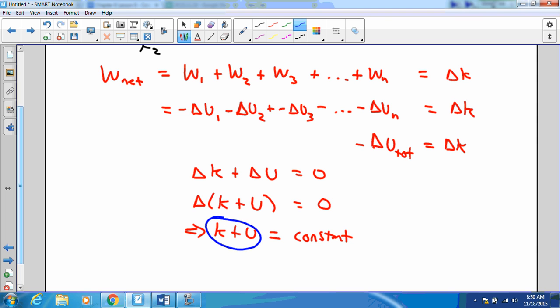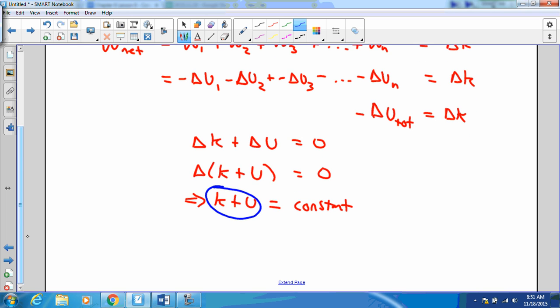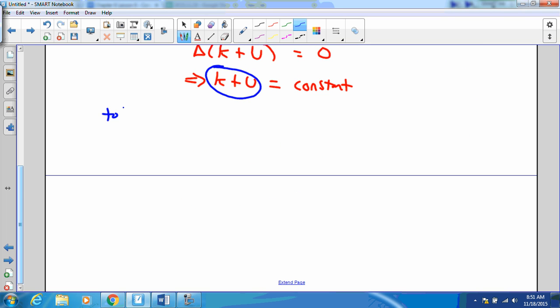Now, what does this mean? This means that we can identify the quantity K plus U as the total energy of the system, and as long as only conservative forces act on my system, I'm not going to lose any energy. I'm just going to trade it back and forth between kinetic and potential. The only way I can lose or gain energy is to have it pumped in by or taken away by non-conservative forces.